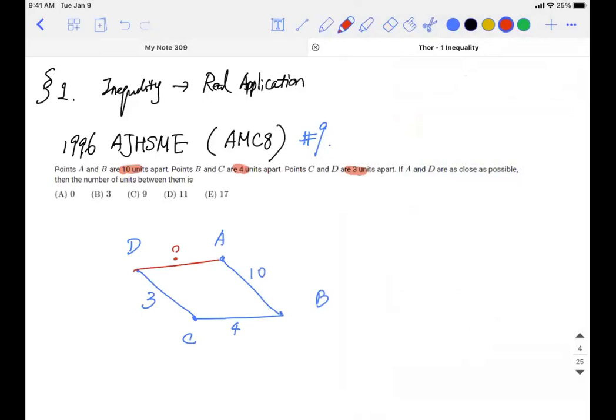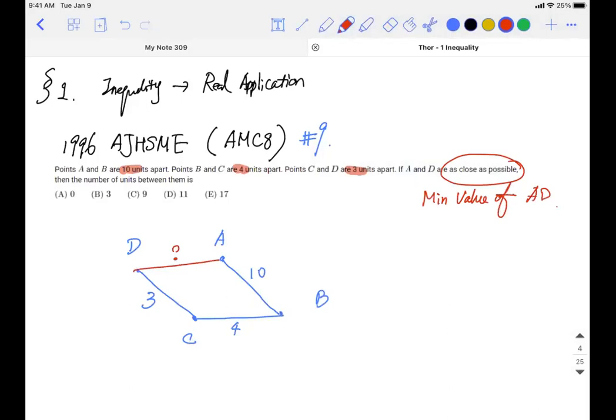And also, AD should be as close as possible. As close as possible. So it looks like I want to find the minimum value of AD, right? Which makes sense. The minimum value of AD.